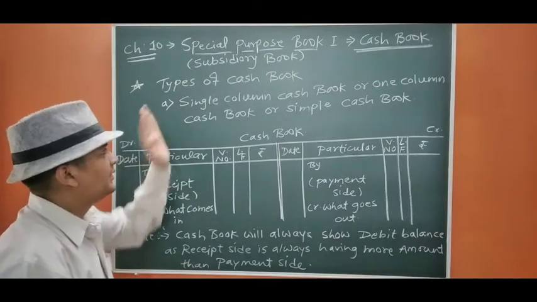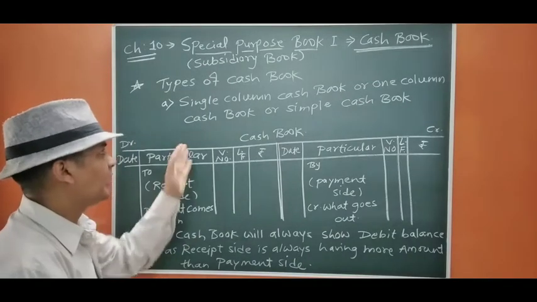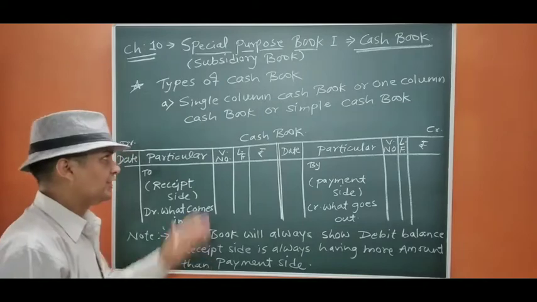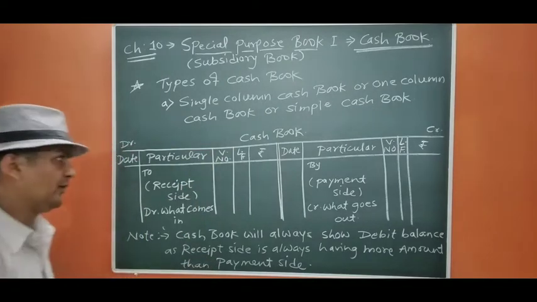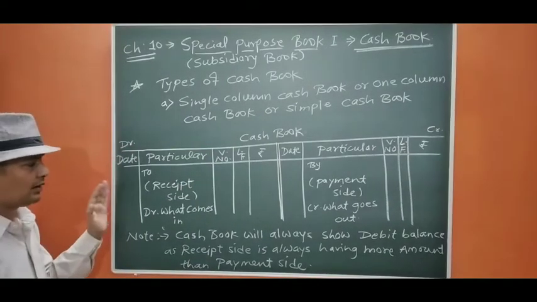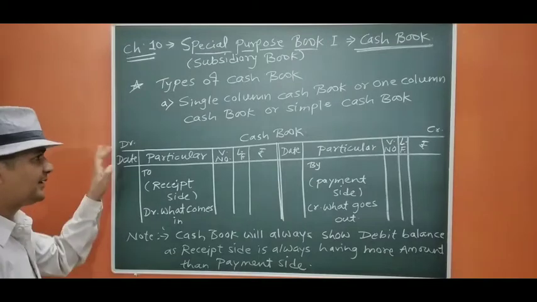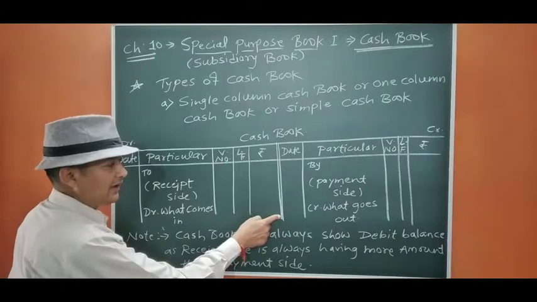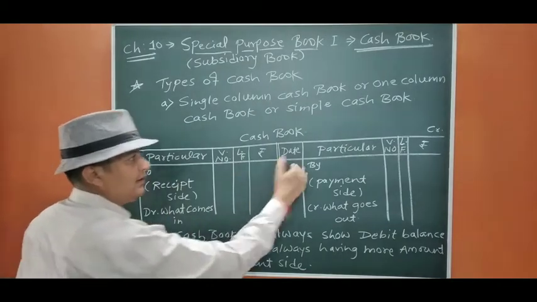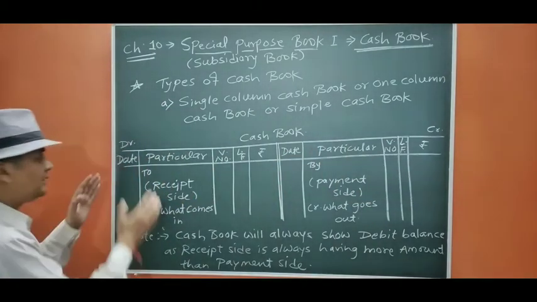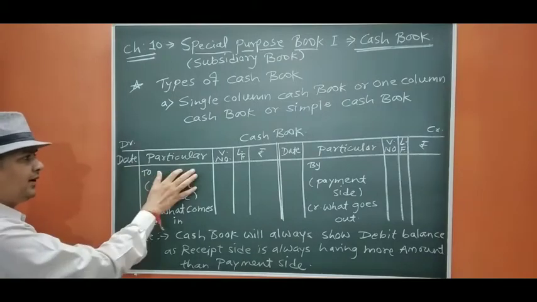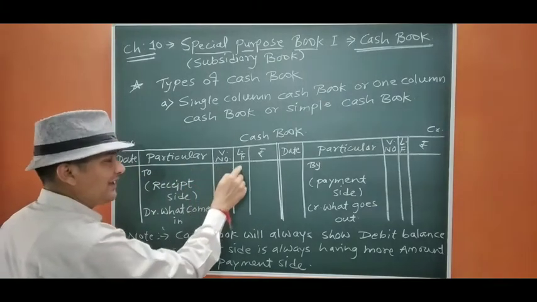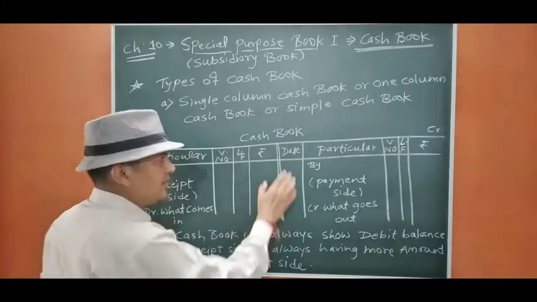First, the single column cash book, or one column cash book, or simple cash book. I have prepared a specimen of the cash book here for you. There are two sides, the debit side as well as the credit side. This line bifurcates the debit and credit sides. On this side we record date, particulars, voucher number, ledger folio, and rupees.